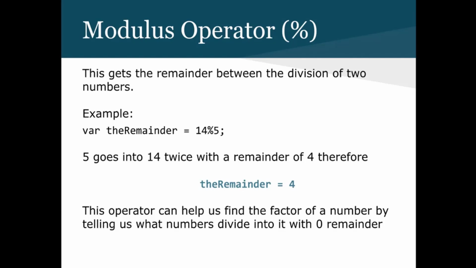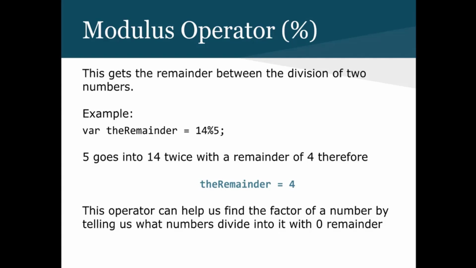What the modulus operator does is it gets the remainder of the division between the two numbers. So 5 goes into 14 twice with a remainder of 4. Therefore, when we assign the value of 14 modulus 5 to the variable called remainder, its value is 4.